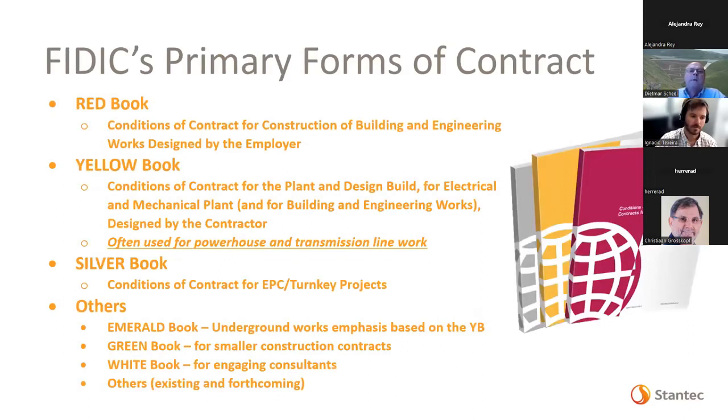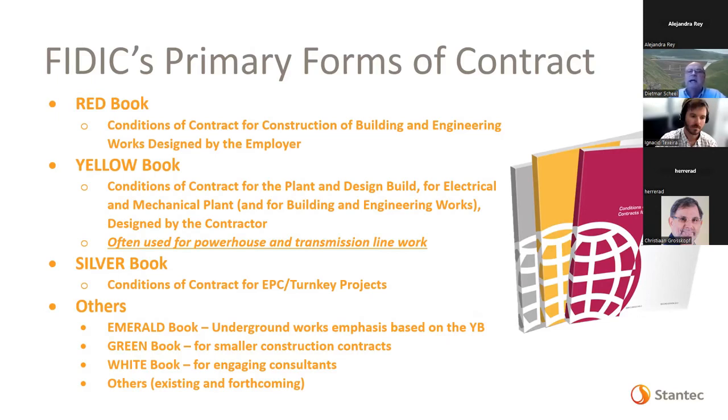FIDIC's primary forms of contract, the big three, are the red book, the yellow book, and the silver book. The red book is primarily for civil works contracts that are designed by the owner's engineer. The silver book is the other extreme. It is a form of design build contract called EPC.